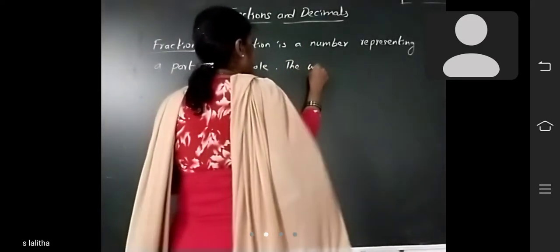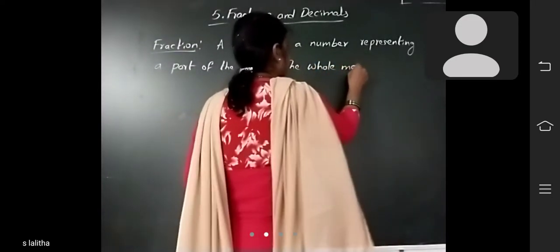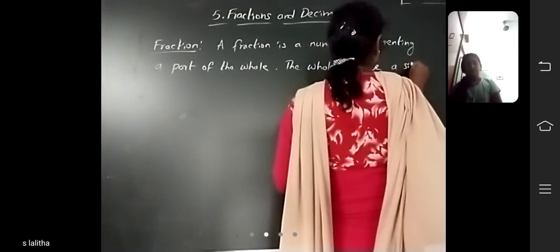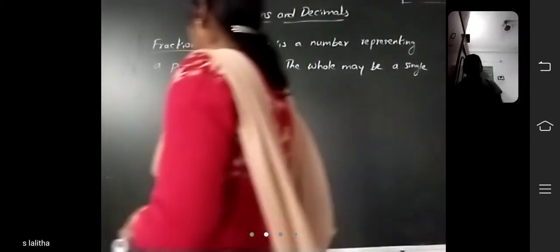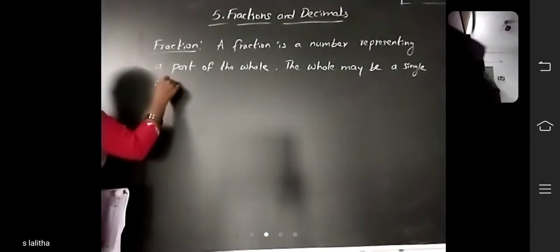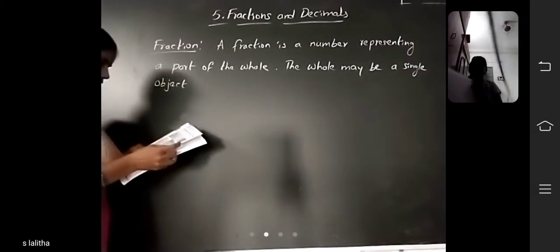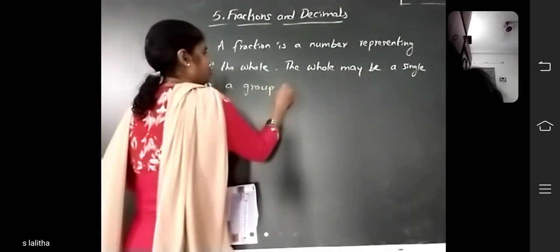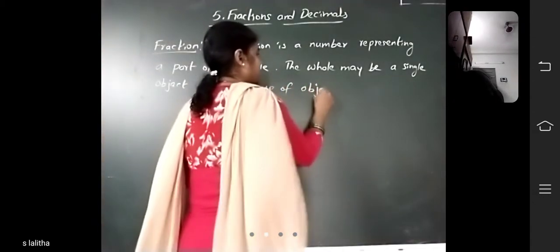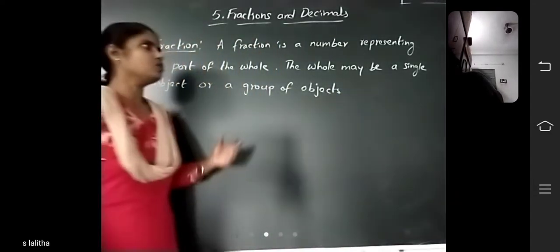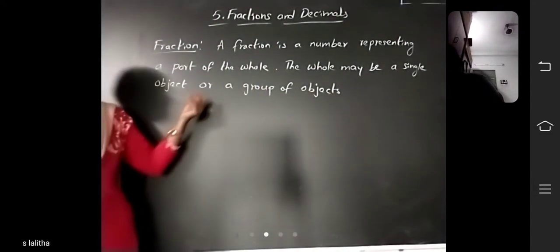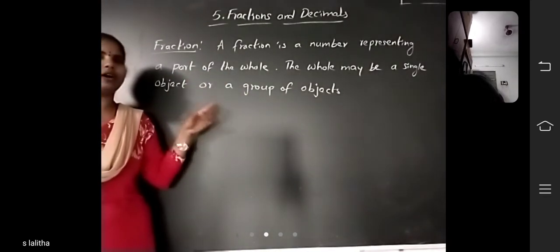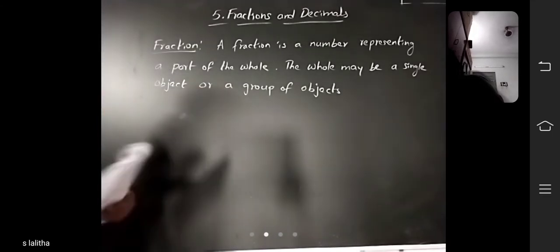The whole may be a single object or a group of objects. So what is called a fraction? It is a number representing a part of the whole. The whole may be a single object, or it is a group of objects. Okay.